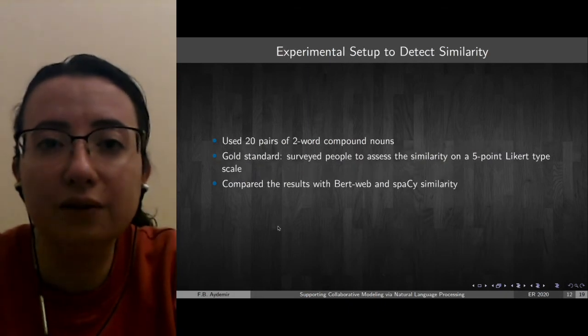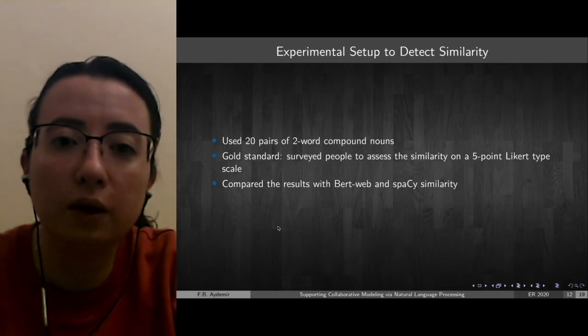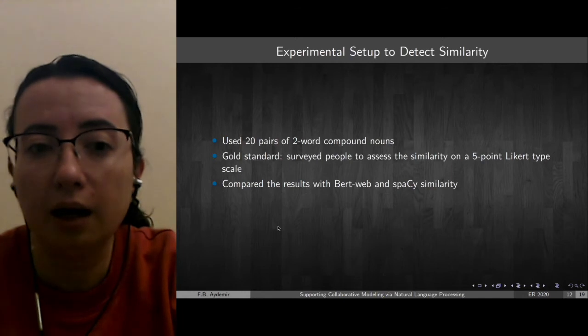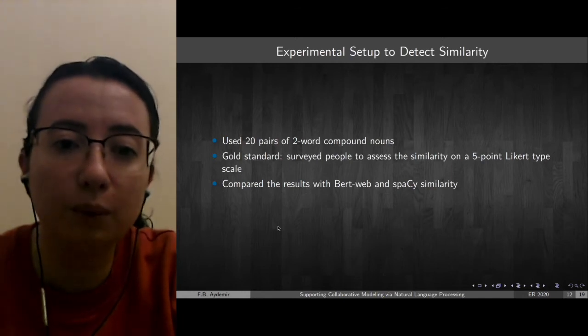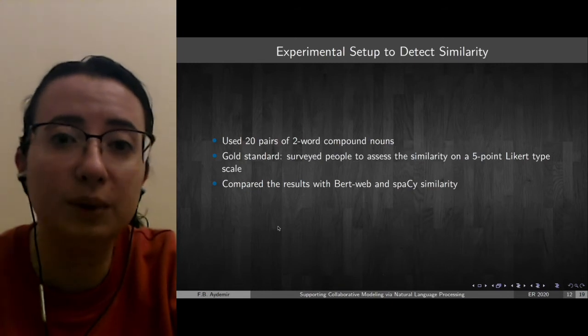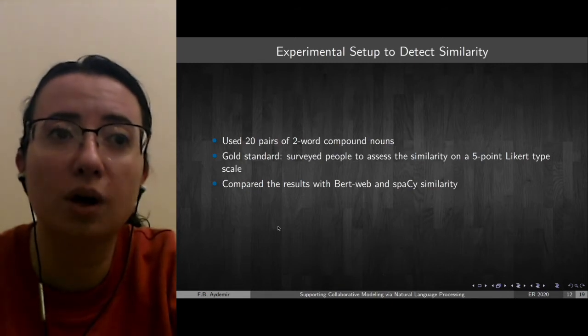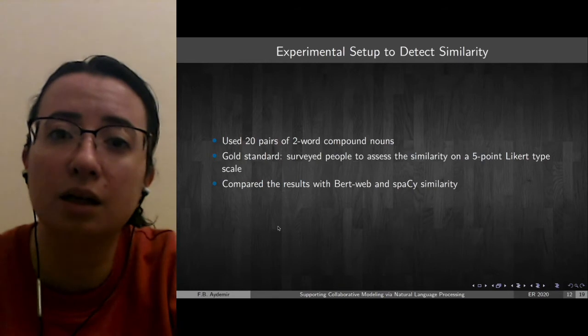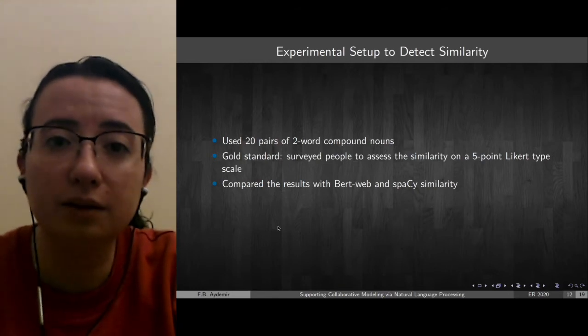In order to evaluate the performance of our algorithms, we devised an experiment. For this experiment, we came up with 20 pairs of two-word compound nouns. We surveyed people and asked them to assess the similarity of these pairs. We collected the results.